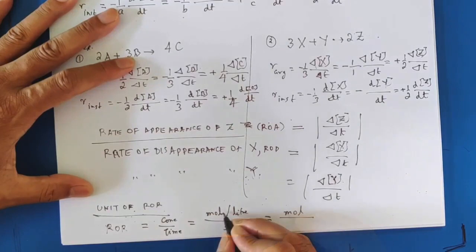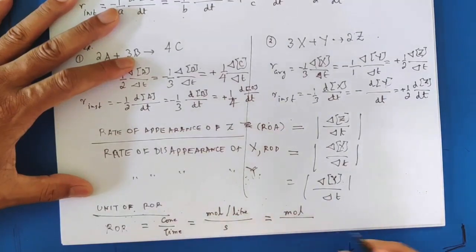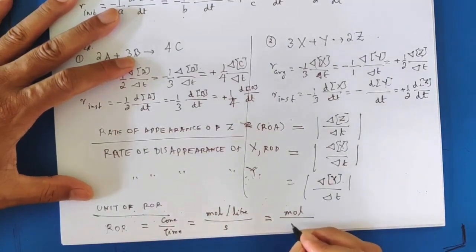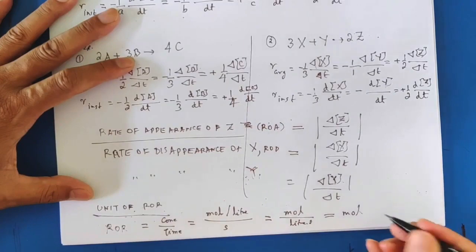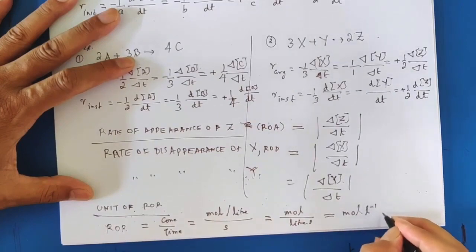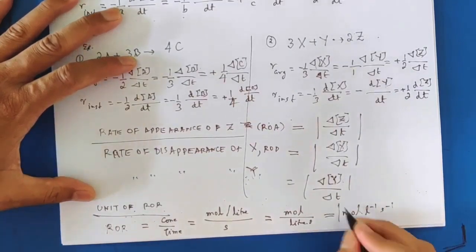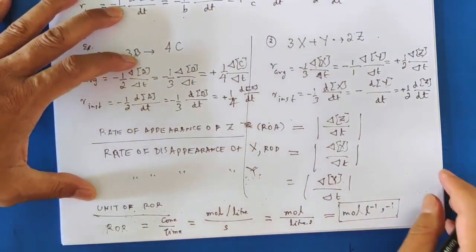So the unit of rate of reaction is mole per liter per second, that is mole liter inverse second inverse. Good.